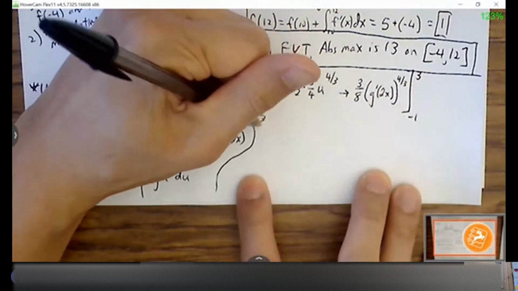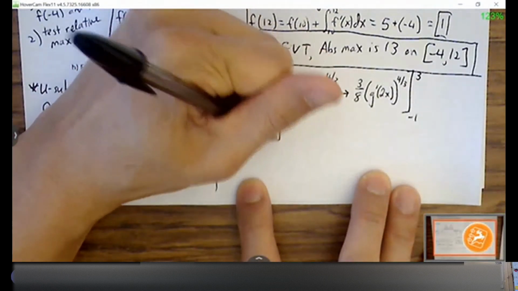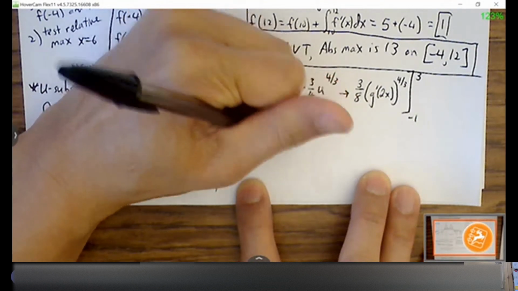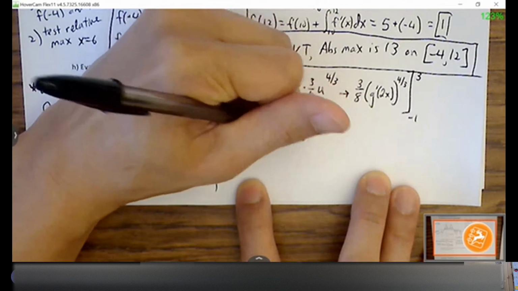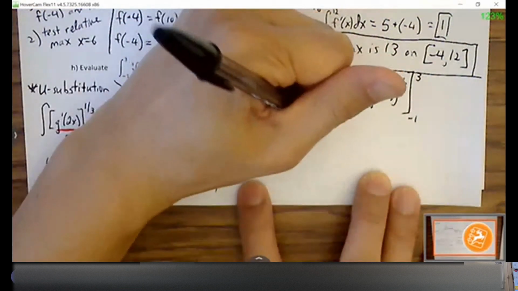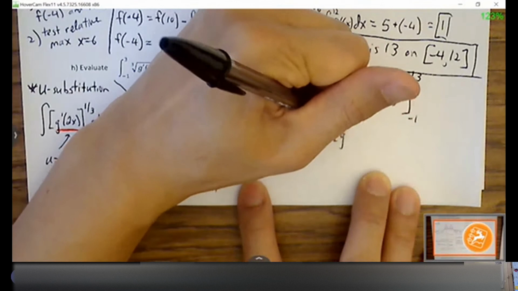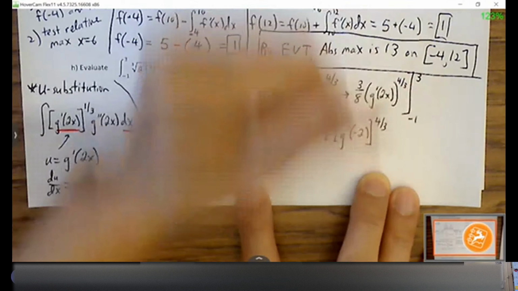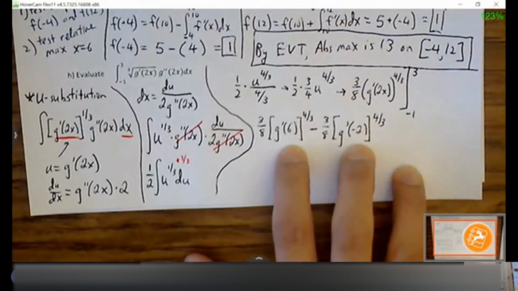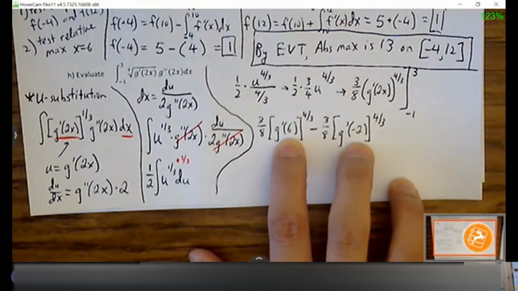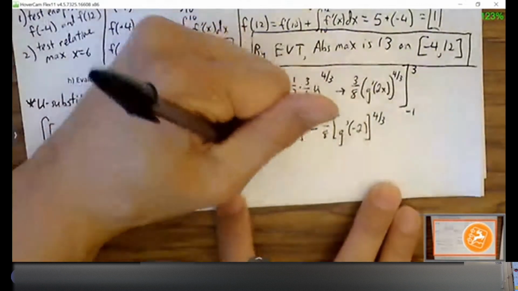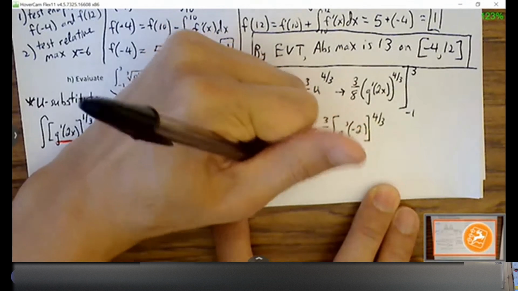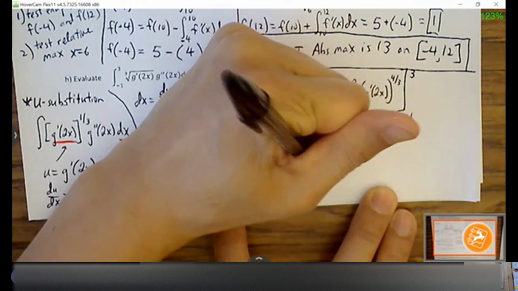Upper bound first. Minus the lower bound. Make our substitutions. G prime of 6 and G prime of -2 we can pull directly from our table. They both end up being 1, or 1 and -1 rather.